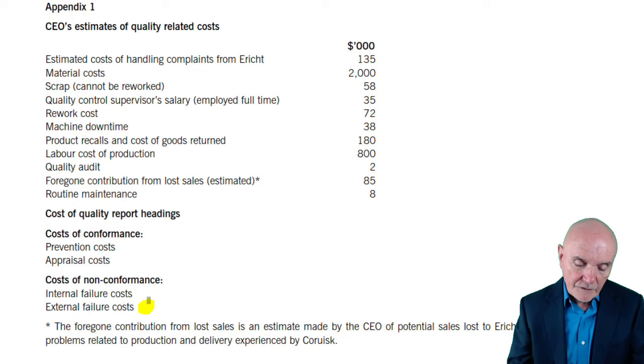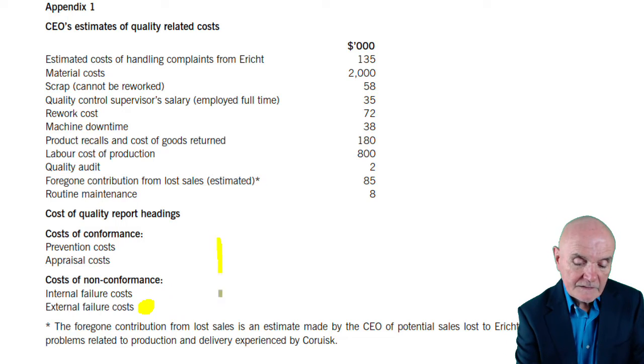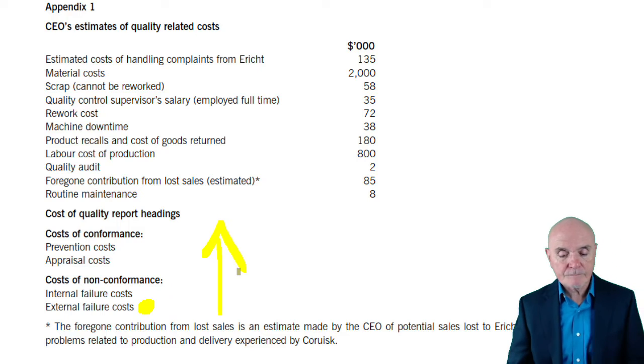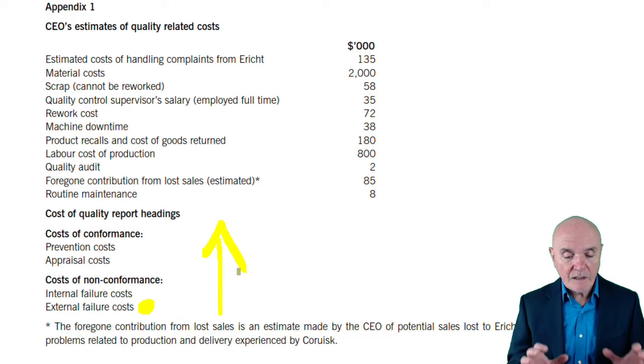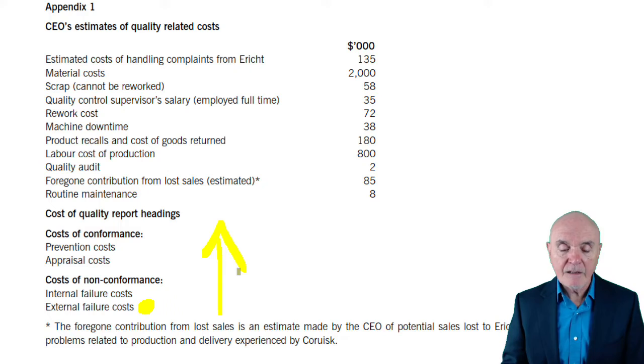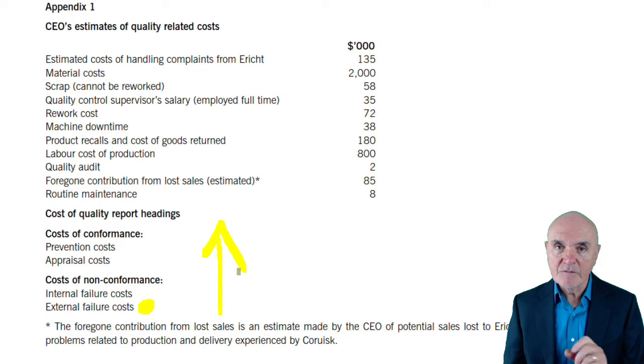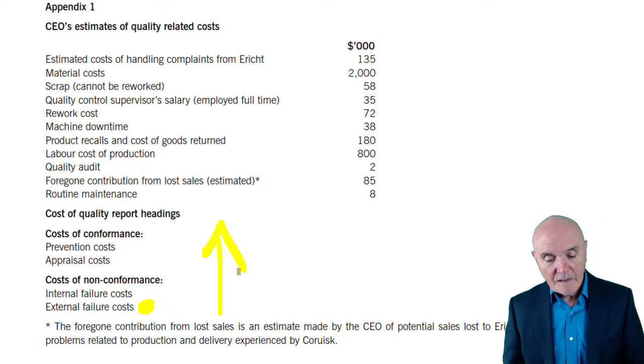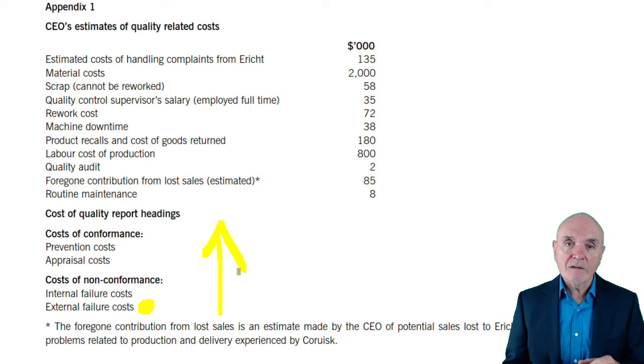And what we have to do, therefore, is to move effort that way. If we go to our supplier and explain to the supplier and maybe pay a little bit more and say your goods, your raw materials have to be perfect, that's prevention cost. If we check our production as we go through production, that's an appraisal cost.